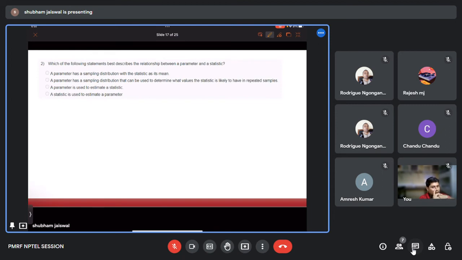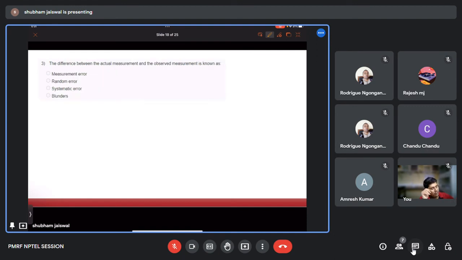A statistic is nothing but a variable, and if we use a variable to estimate a parameter, the correct answer will be the second one. The correct answer will be the last one for this question. Now moving to the next.